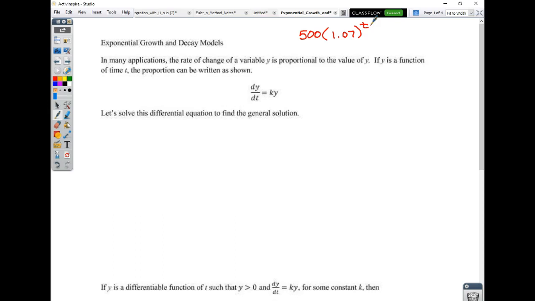Then pre-cal happened. In pre-cal, you got asked the same exact question, except whoever you had for pre-cal went way off into who knows where land, and they wrote some equation like this. Or maybe it was an R. Maybe you remember it as PERT.